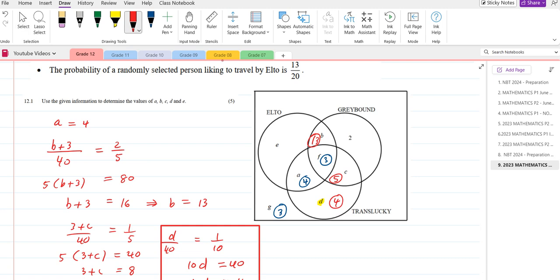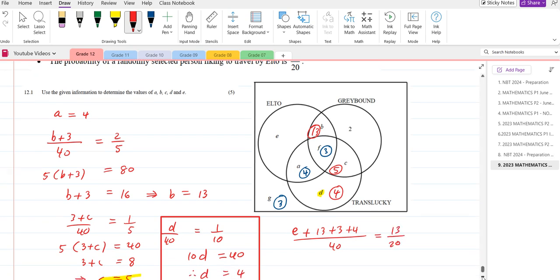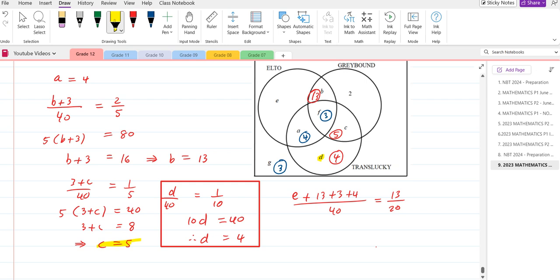To travel by Alto, Alto is this whole thing over here. So you're going to say E plus 13 plus 3 plus 4 divided by 40 is equal to 13 out of 20. Right, so don't cross multiply.